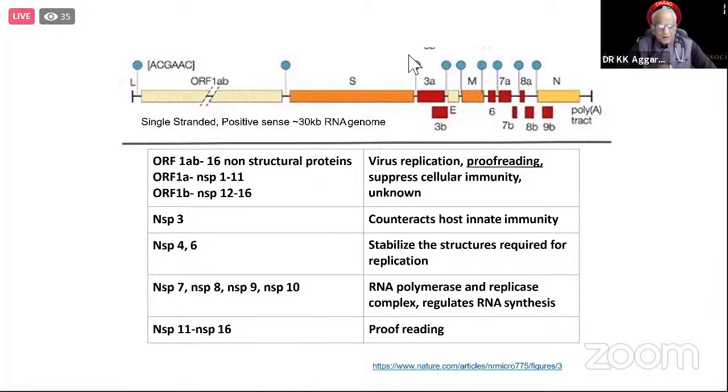The ORF1A and ORF1B portion is responsible for virus replication, proofreading, suppressing cellular immunity, countering host innate immunity, and stabilizing the structures required for replication: RNA polymerase, replicase complex and the proofreading mechanism.